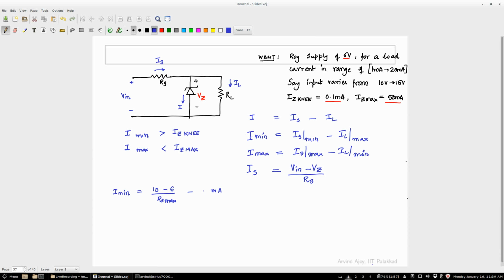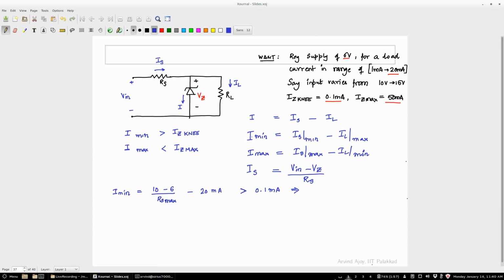Right? Minus IL max. And what is IL max? You already know, I have already told you. IL max is, no, sorry, 20 milliamps. Okay, this is 20 milliamps, right?